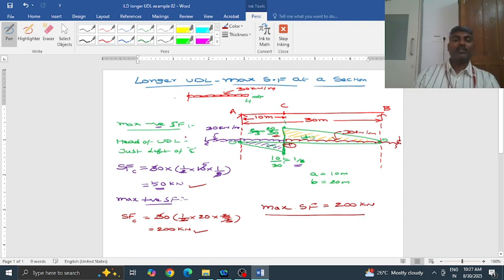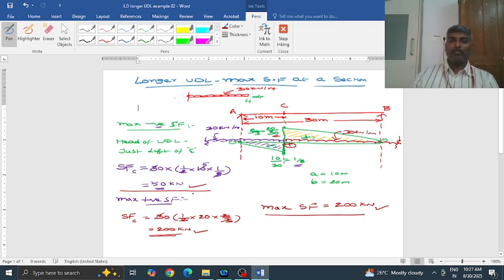If your question is only to find maximum negative shear force, you can stop your solution with this. If your question is to find maximum positive shear force, you will be doing this part. And if your question is to find the maximum shear force at a particular section, not mentioning whether it is negative or positive, you shall report the answer as 200 by checking both the values.